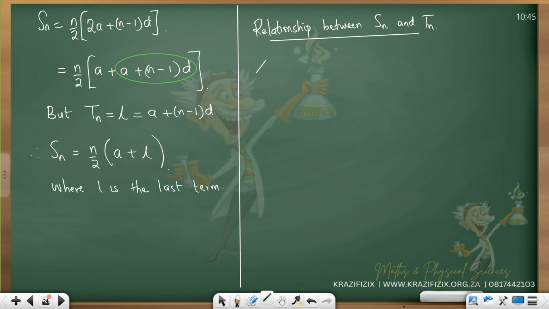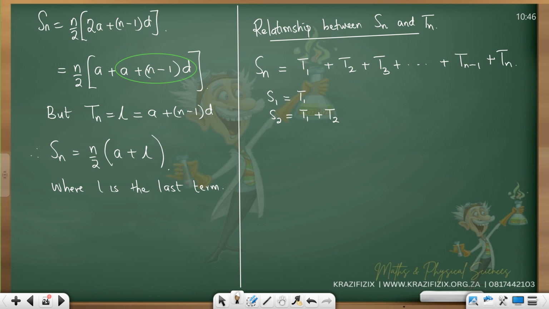If I say, what is Sn? We know that Sn is T1 plus T2 plus T3 plus up to T(n minus 1) plus Tn, right? That we have established. Now, my good learners, if I say S1, it means the sum of the first term only. S1 is T1. If I say S2, what is it?